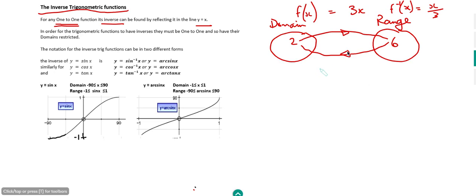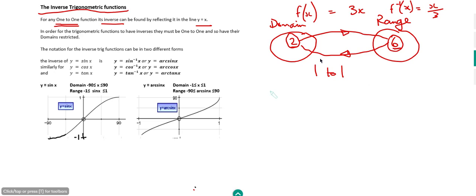And this is an example of a one-to-one function, because there's only one value in the domain that will take us to this value here, 6, and there's only one value in the range that will take us back to our original value. And that's why the inverse exists, because when we apply the inverse function, it's guaranteed to take us back to the original value in our domain.